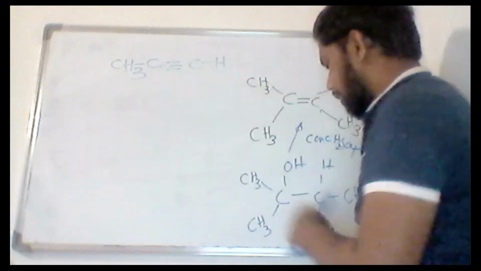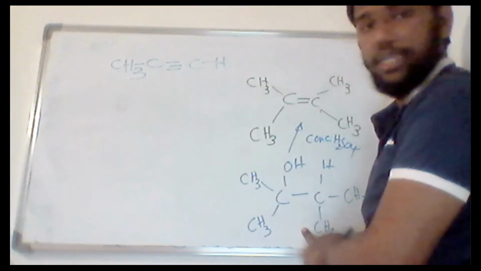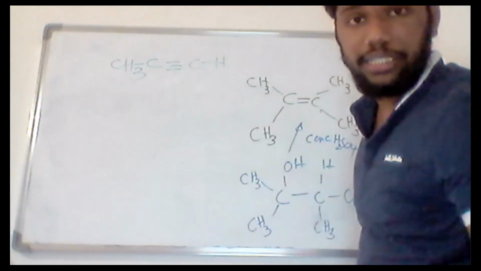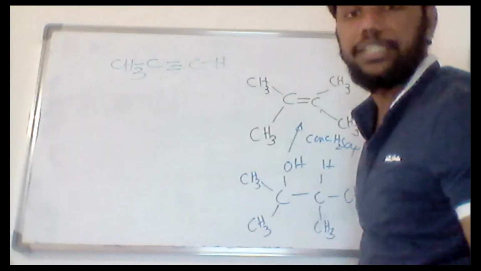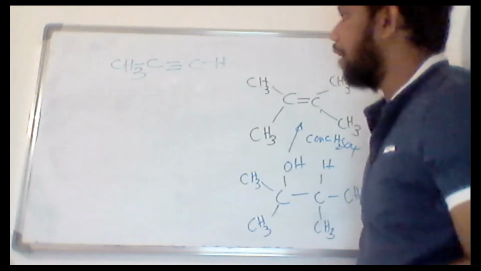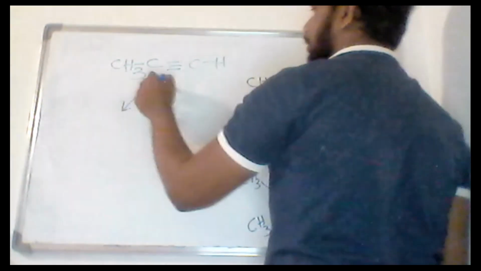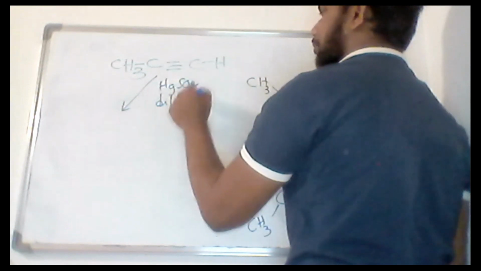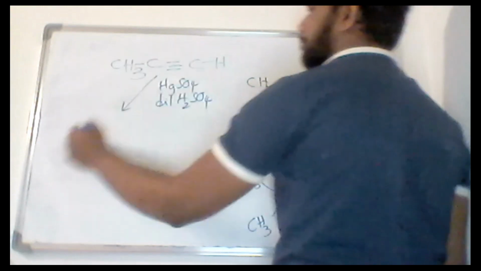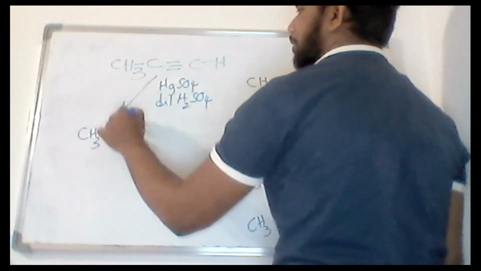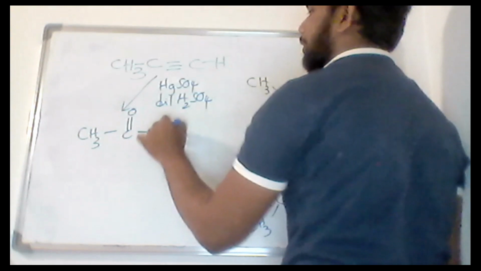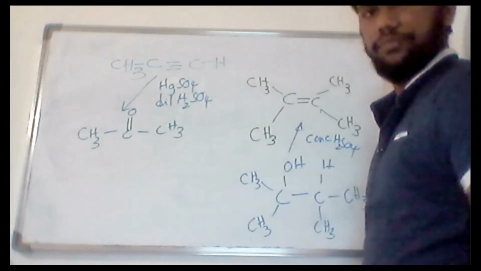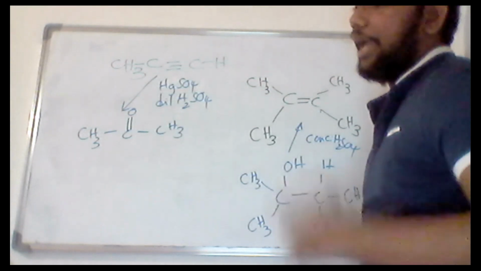Now I have to come from here to here. Since this is a triple bond, and you have already been given HgSO4 and dilute H2SO4, I would add HgSO4, dilute H2SO4 here, which gives me the compound CH3COCH3.